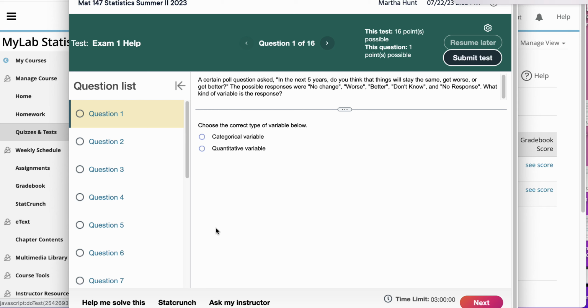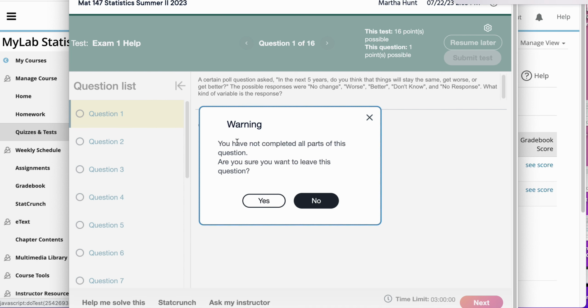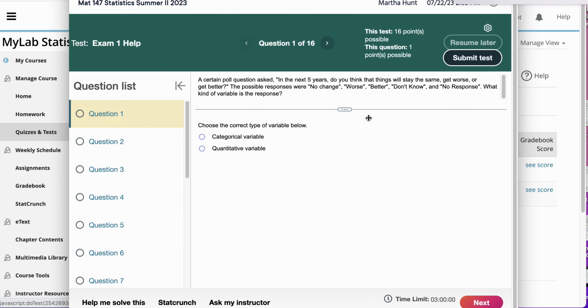So I'm going to respond to a few questions, and I think that's all it's necessary for you to see what the features of this exam 1 help is. So this is question 1, and I'm going to X out of that.